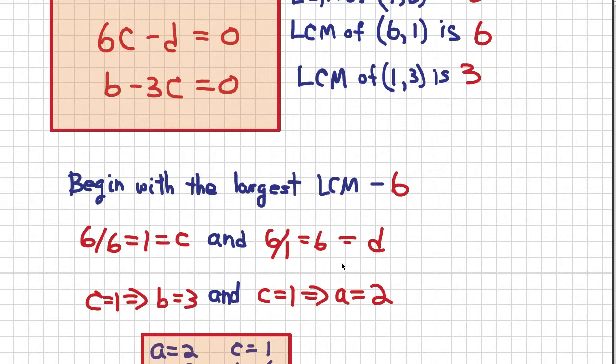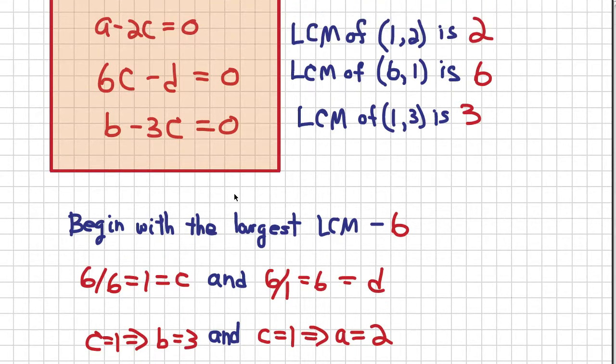And now I can go back and use the other 2 equations to solve. I have C is equal to 1. If C is equal to 1, then B is equal to 3.